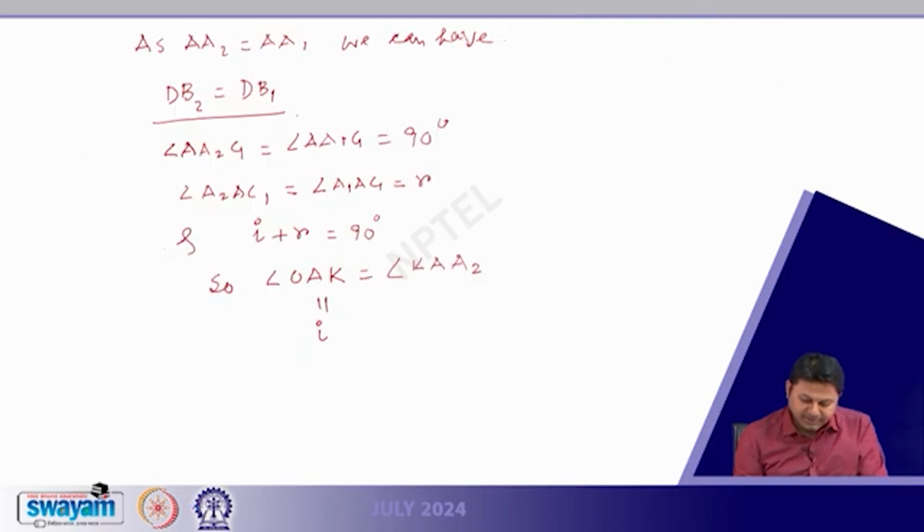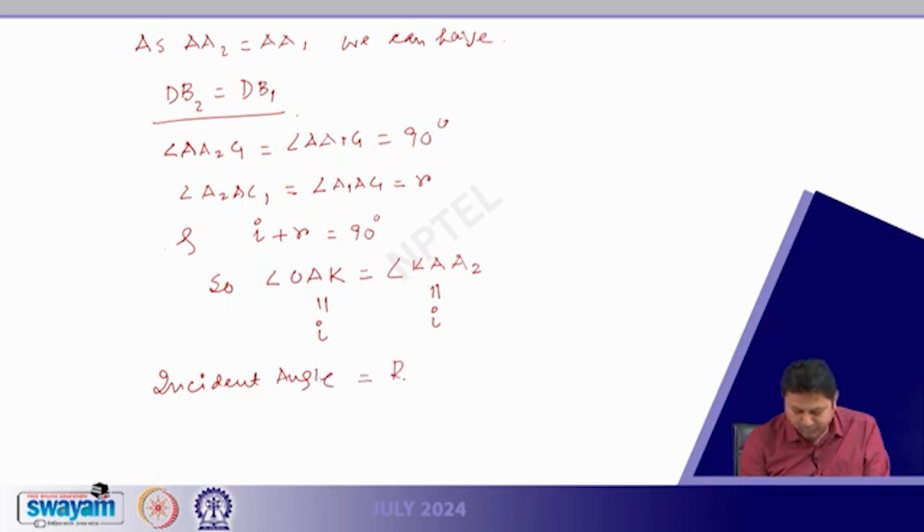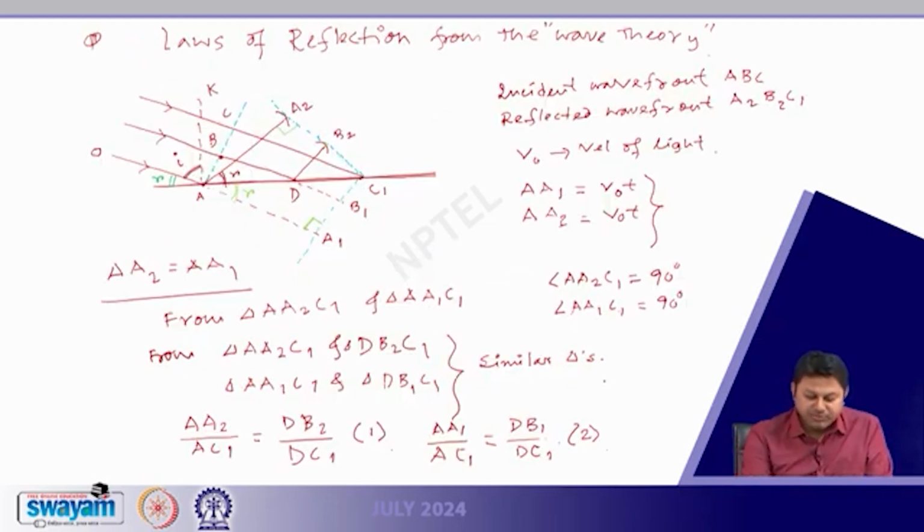So, this angle is the same, so I should have this as I. That means incident angle is equal to reflected angle, and that is the law of reflection. So, exploiting the Huygen's theory, how the light will propagate in terms of these wavefronts, one can show that the laws of reflection basically hold. So, this is one law.